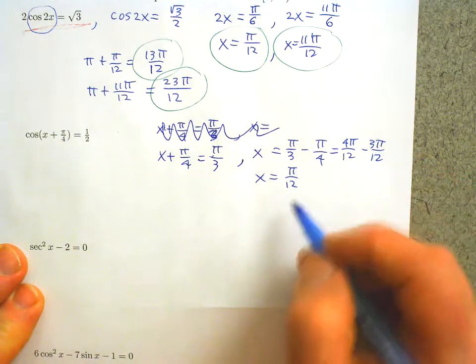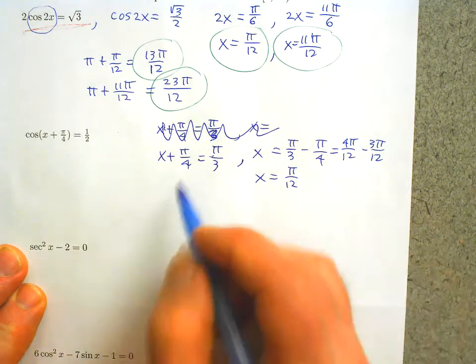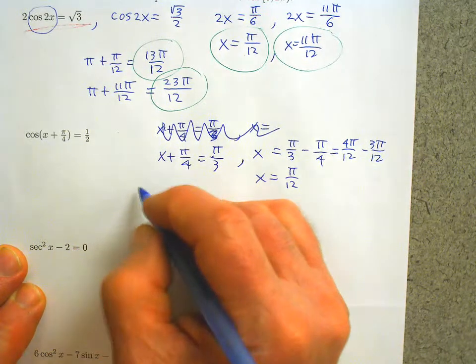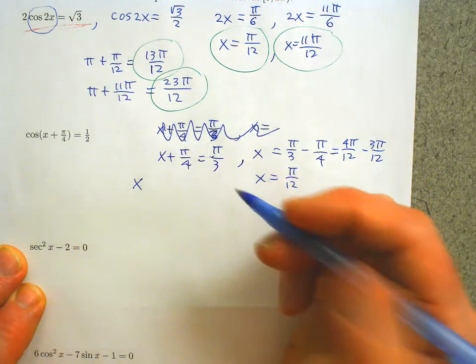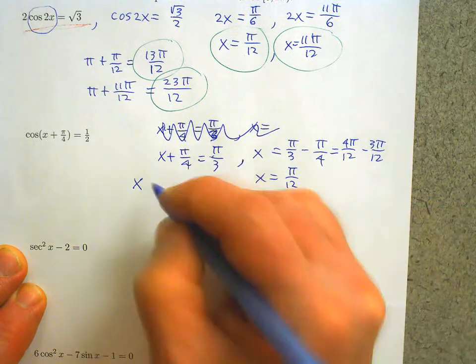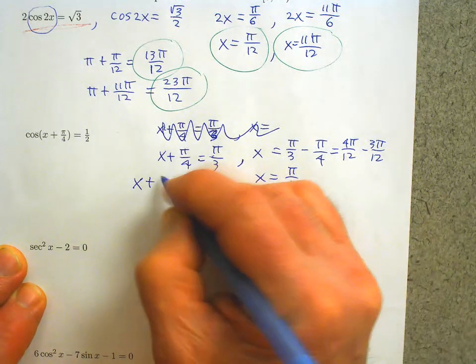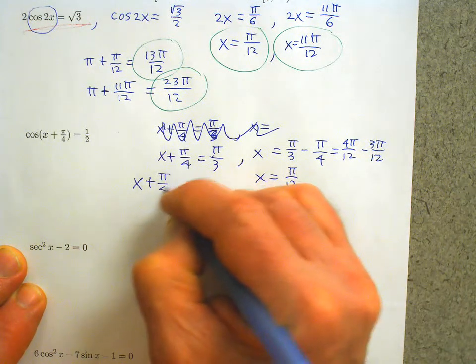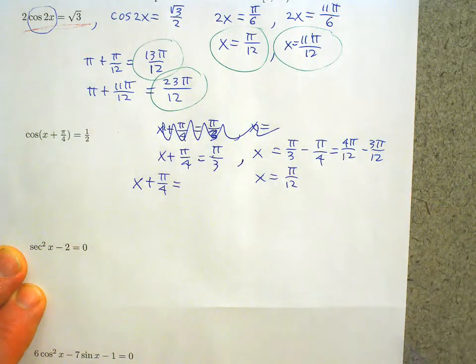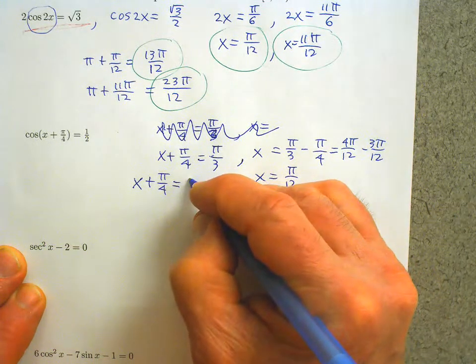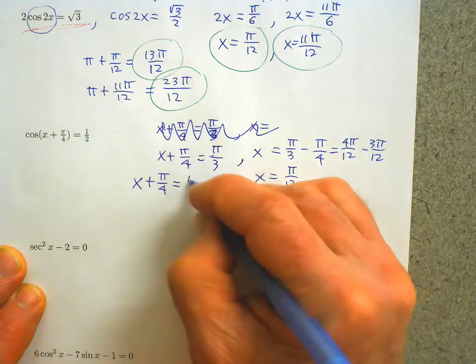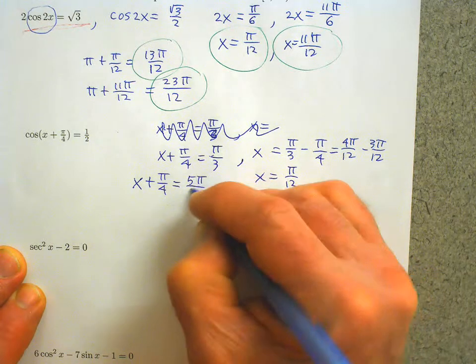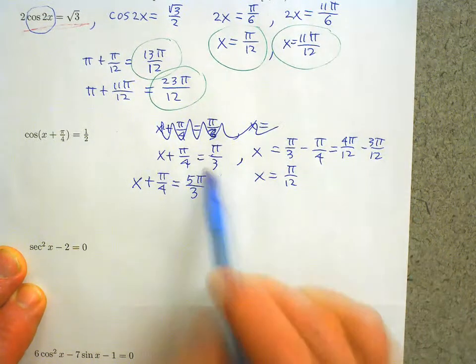Okay, that's one solution, but cosine is equal to 1/2 at another place, and that's when x plus pi over 4 is equal to 5 pi over 3 in the fourth quadrant.